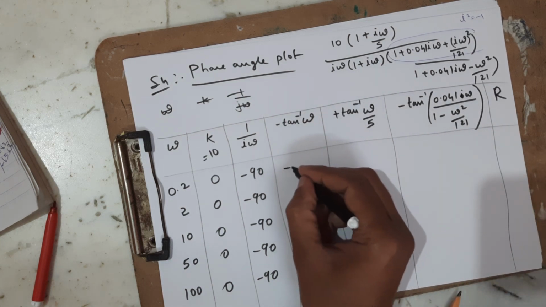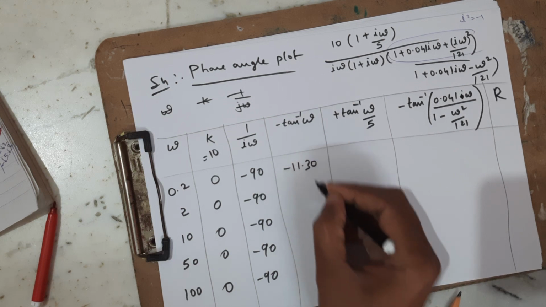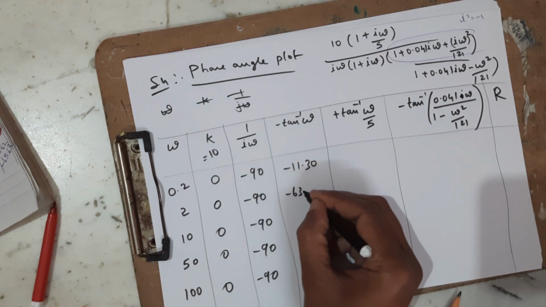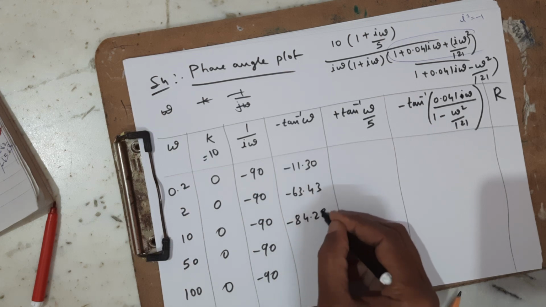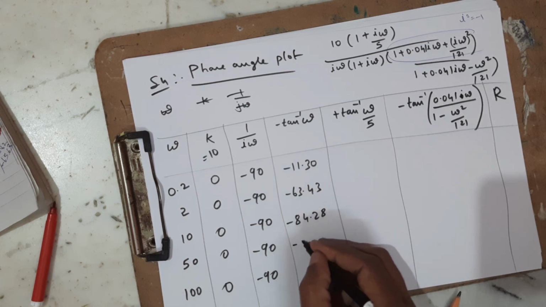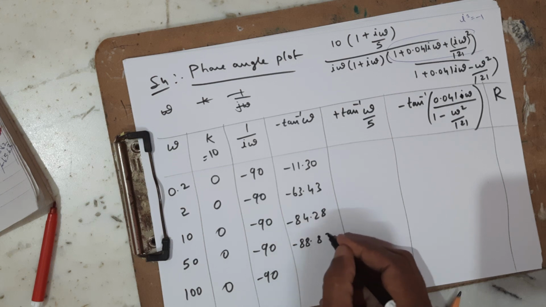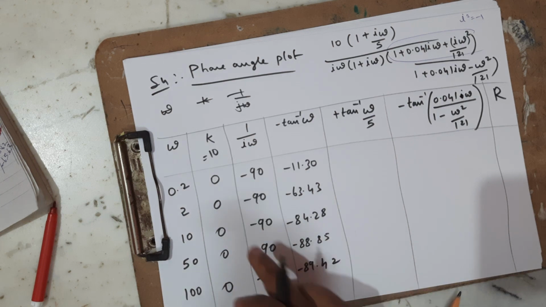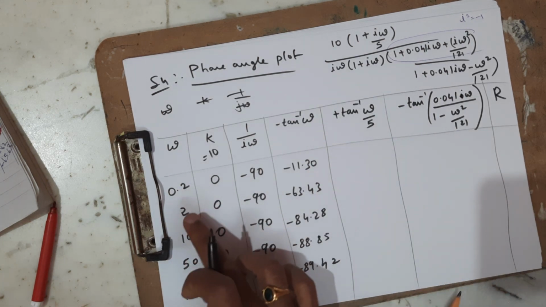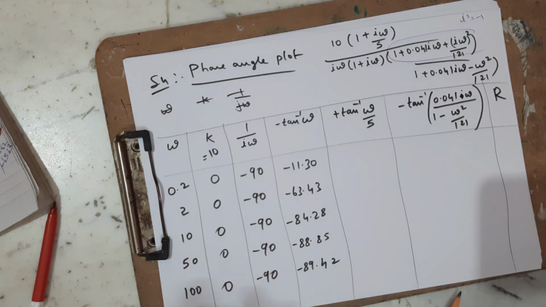So this is 11.30, minus 63.43, minus 84.28 and minus 88.85, and this is minus 89.42 for the values of omega 0.2, 2, 10, 50 and 100.